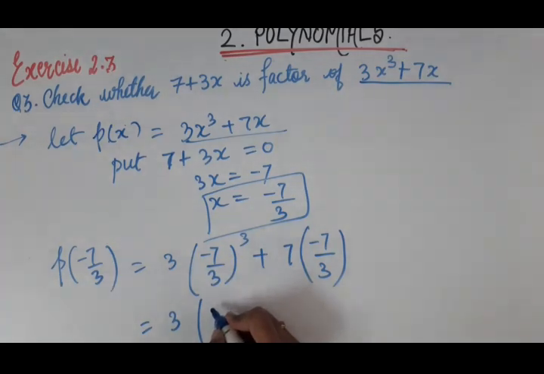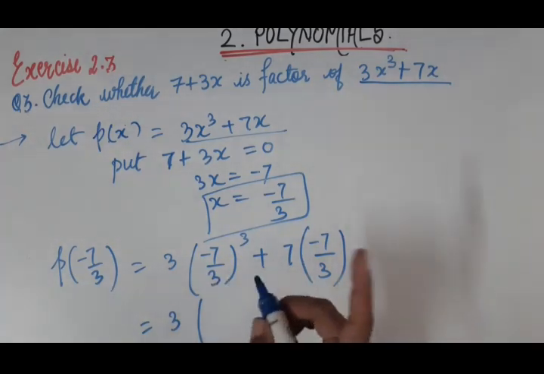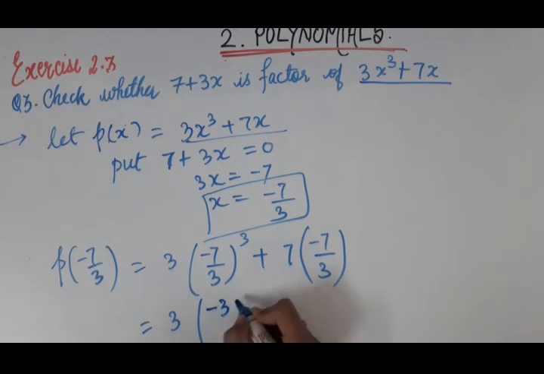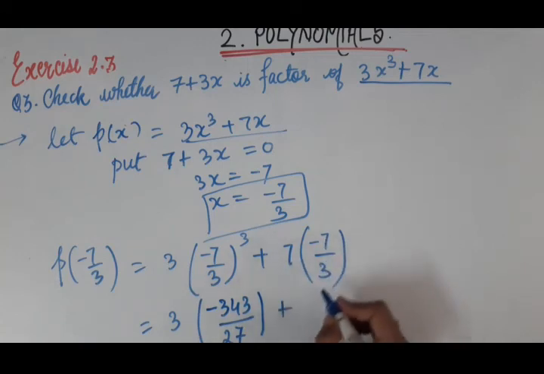What is 7 cube? 343, but it will be negative, so minus 343, upon 3 cube, which is 27. Plus 7 into minus 7, which is minus 49, upon 3.